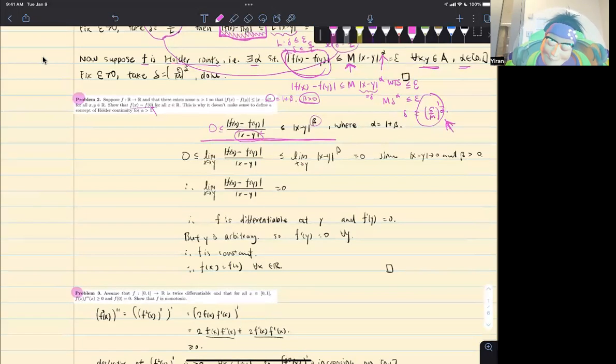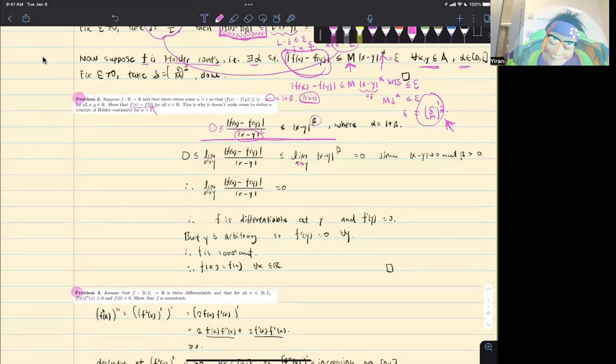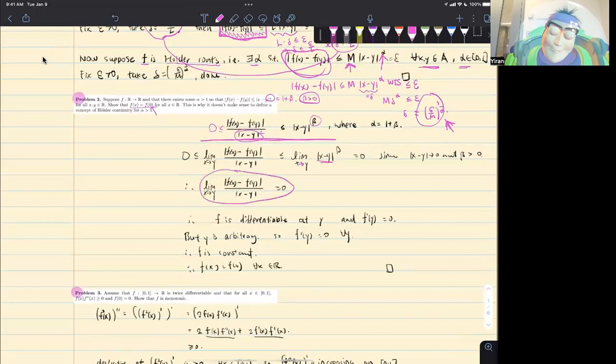On the right side, of course, we obtain 0, because as x converges to y, this goes to 0. So the limit is larger or equal than 0, and smaller or equal than 0. By the sandwich rule, this is equal to 0.